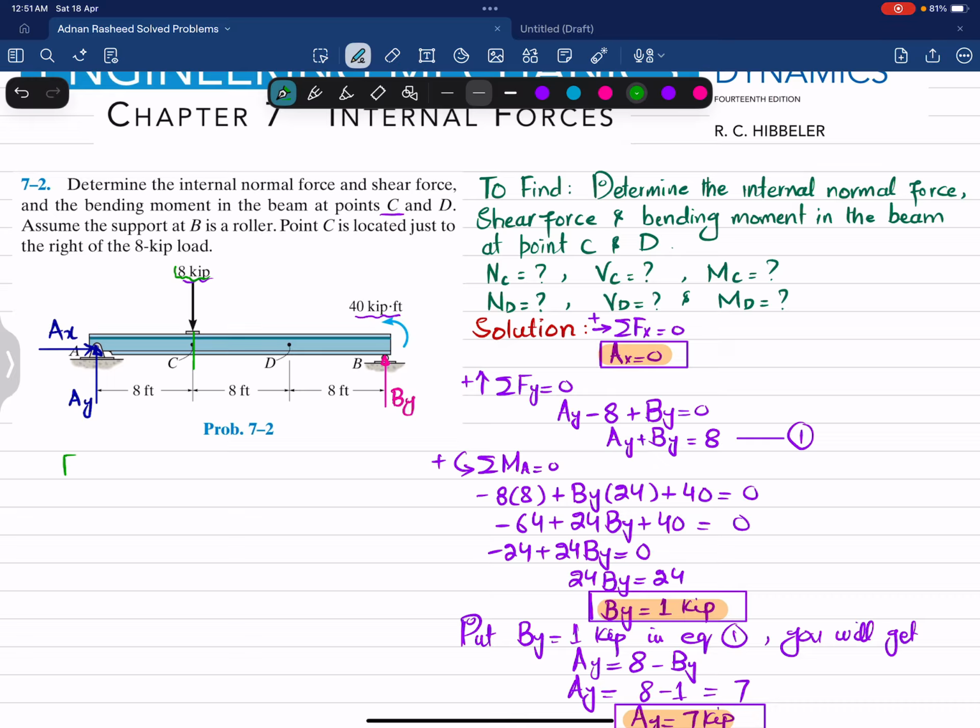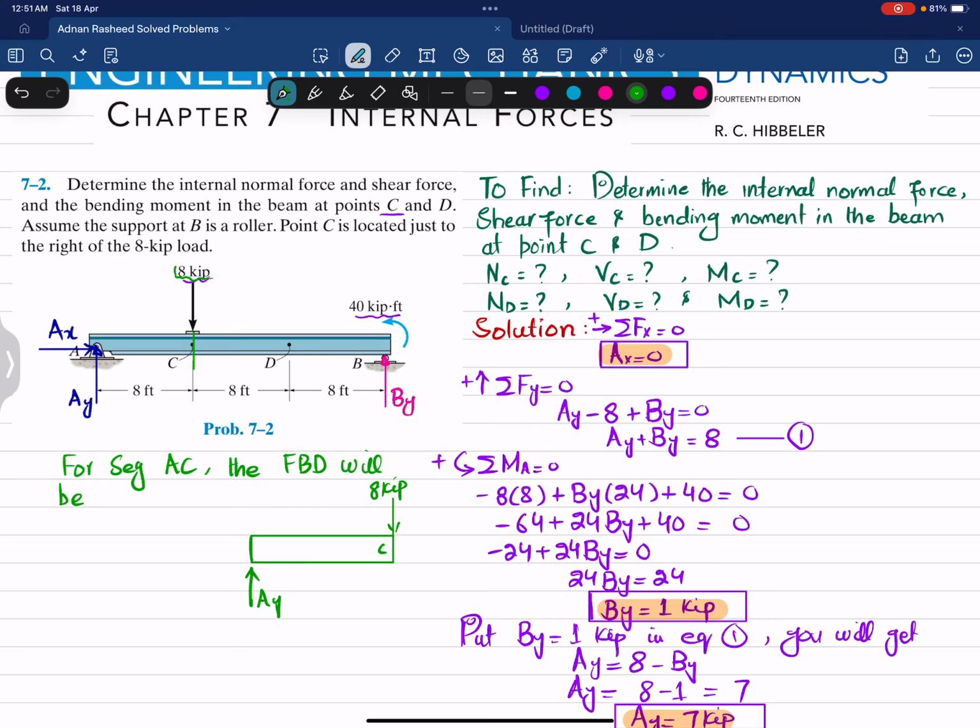So for segment AC, the free body diagram will be like this. Here is the beam. Here you have AY, which is upward, and at this point you have the 8 kips load, and this is your point C.